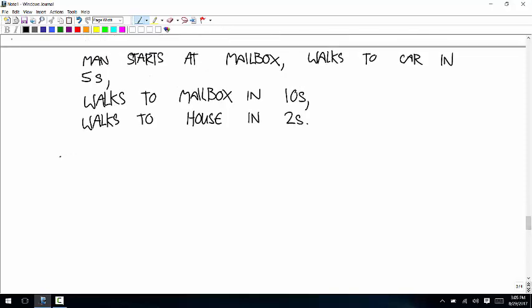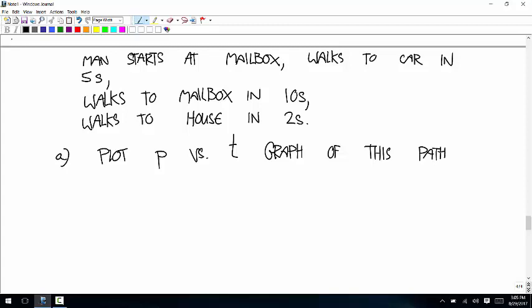And here's what we want to do. We want to plot a position versus time graph of this path. And we want to do it where the 0 position is at the car.